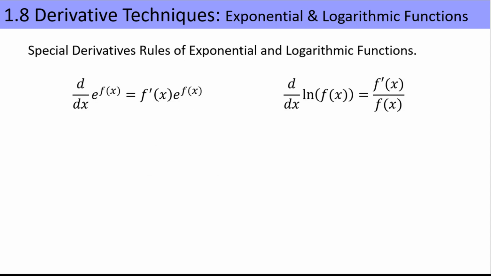We have some special derivative rules for exponential and logarithmic functions. They are d/dx of e to the f of x. Note that f of x represents a function. That is equal to the derivative of the function that e is raised to times e to the f of x. Make sure you know this by heart.